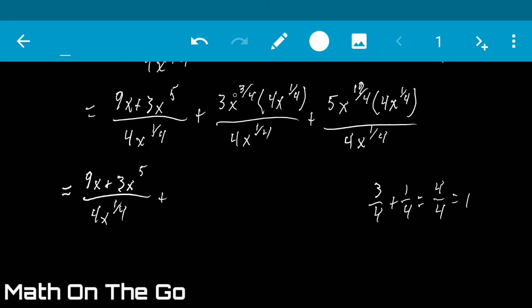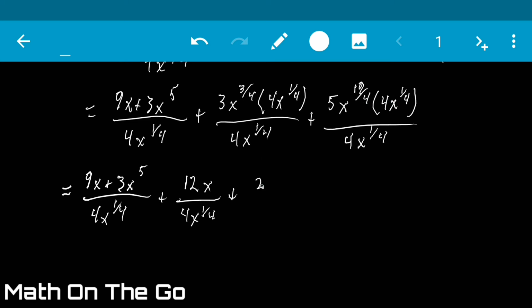So that's just going to become 12x over 4x to the 1/4. Plus, okay, we have 19/4 plus 1/4 gives us 20/4, which gives us x to the 5th. So 20x to the 5th over 4x to the 1/4.